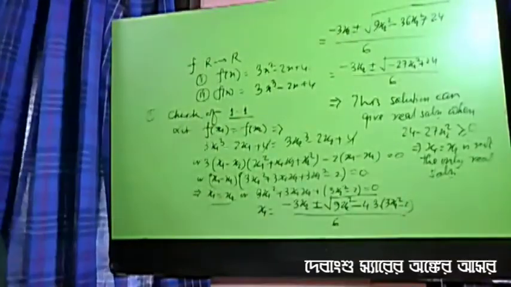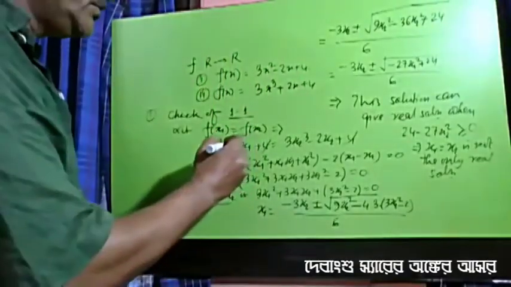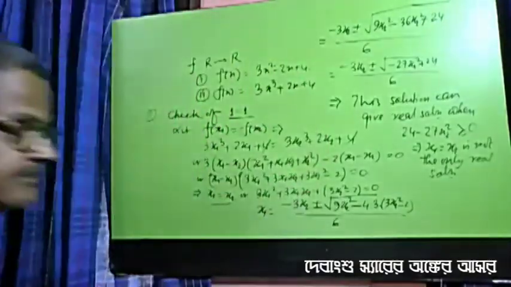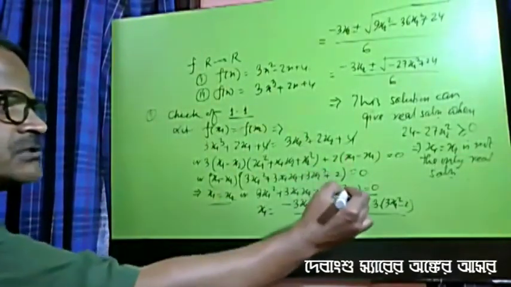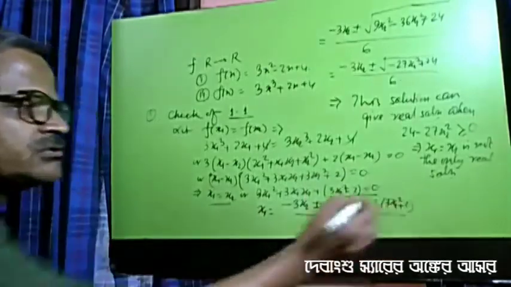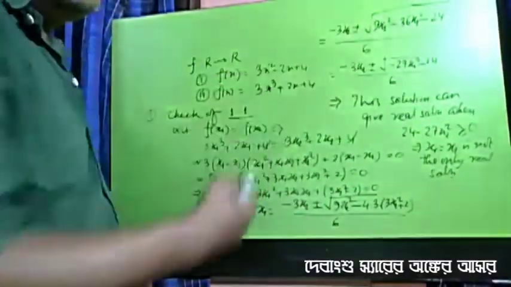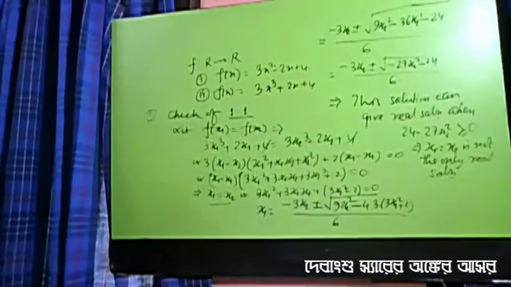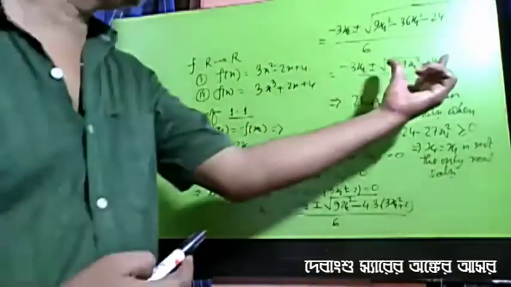If instead of plus minus 2x, it were plus 2x, then the equation will look like this. In that case, this will be plus 2, this will be plus 2, this will be plus 2, and this will be minus 24. See, this has only complex roots, because this cannot be 0.